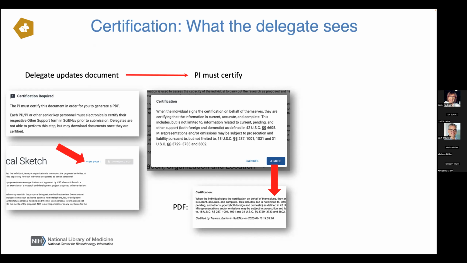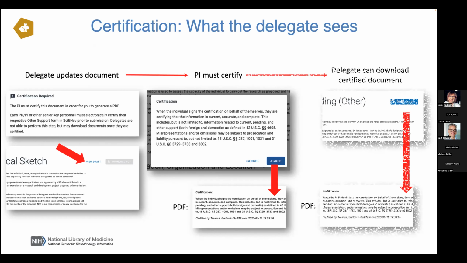And the final document is produced for them. At that point, the PI has the final version certified. They can submit it. The delegate could go in at that point from the delegate account and also download a copy without any changes having been made if they needed to, and submit it themselves as well.